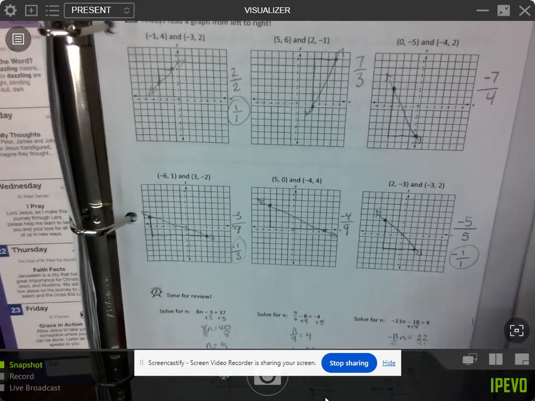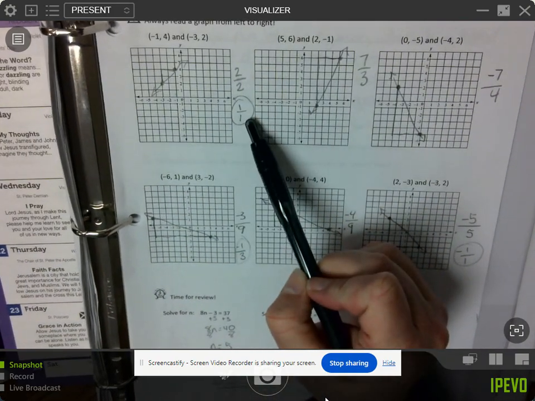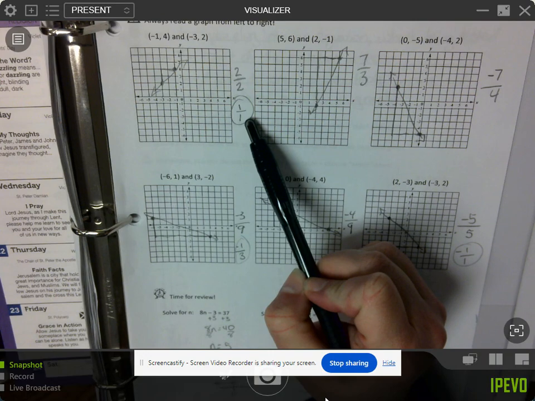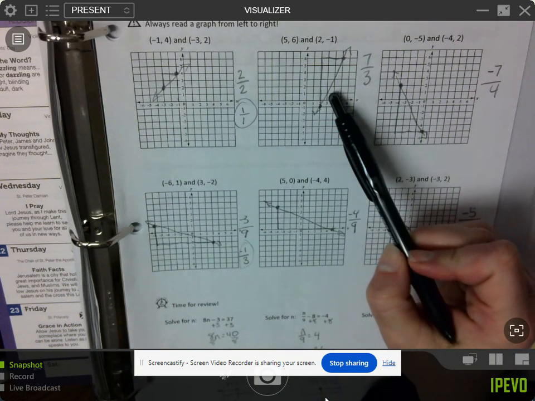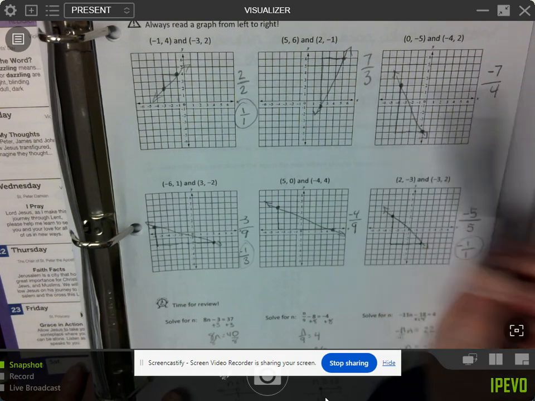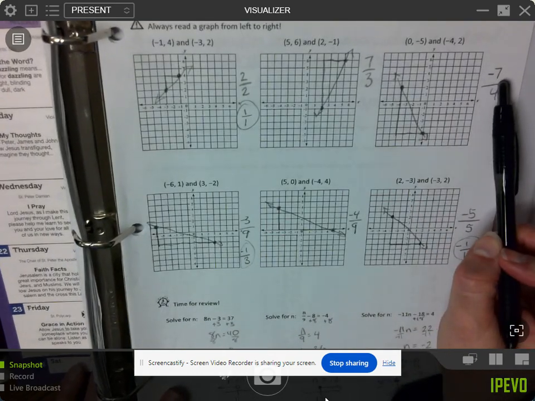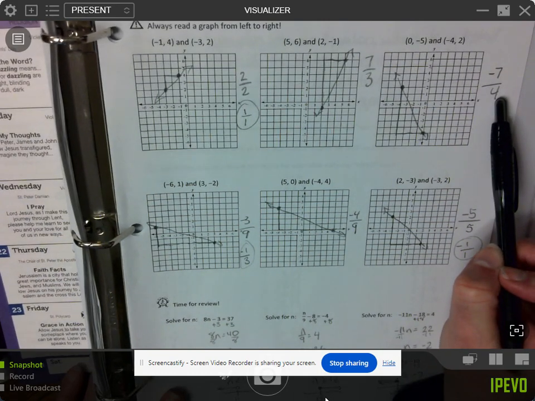Our first one, we went up 2 over 2, so we simplified it to 1 over 1. Our second one, we went up 7 over 3. Then we went down 7, so -7 over 4.